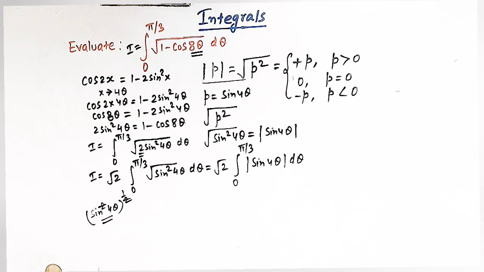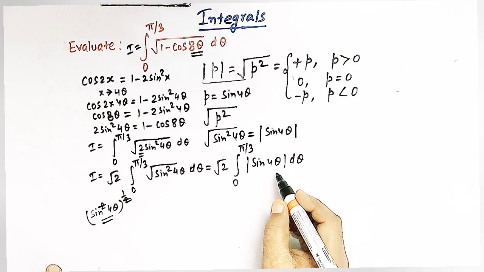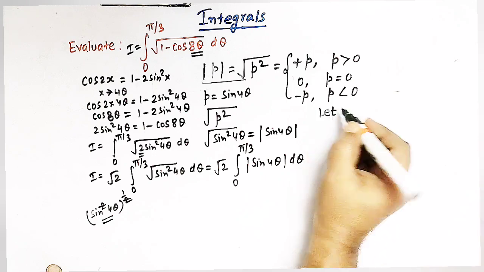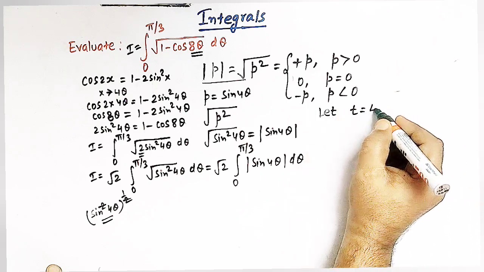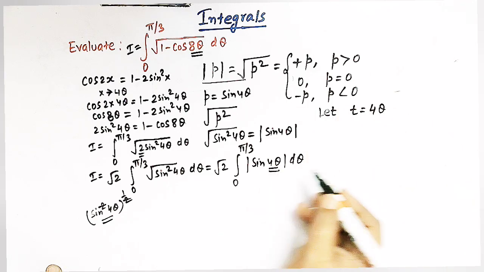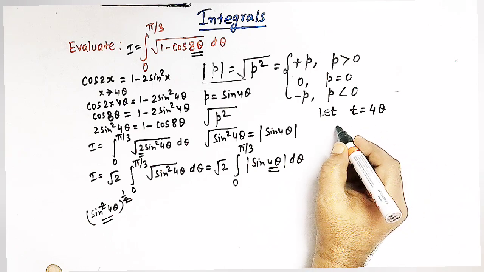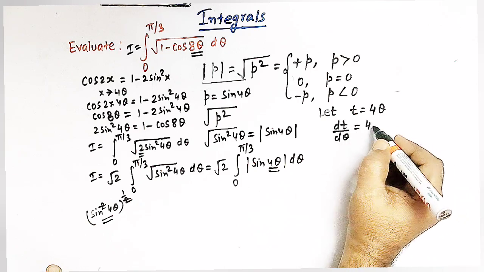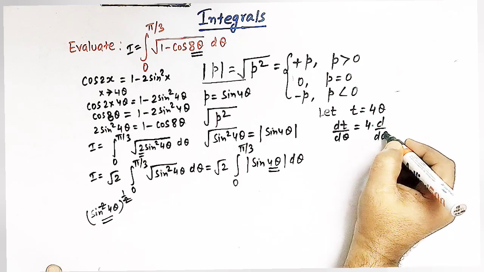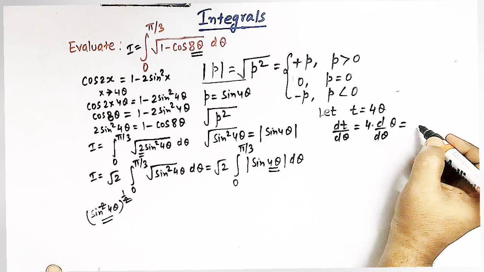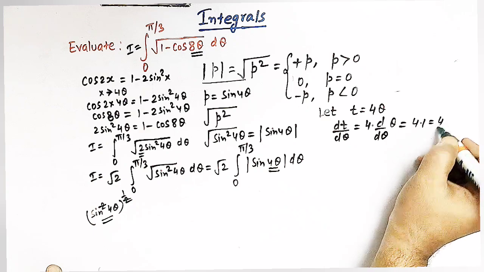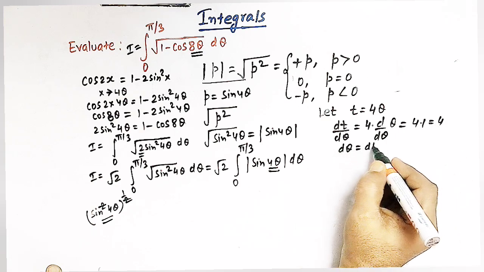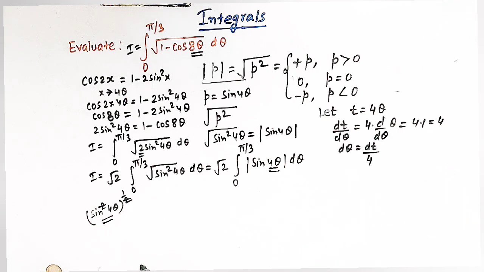We take t equal to 4 theta. So dt over d theta is 4 times the derivative of theta with respect to theta, that is 4 times 1, which is 4. So we have d theta is equal to dt over 4.